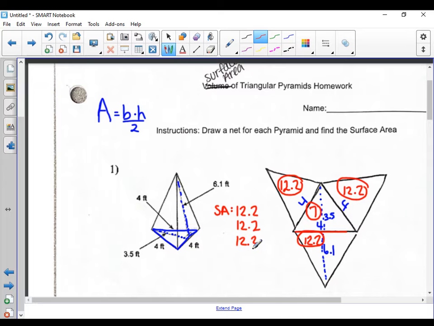And then the 7 also has to be added up because of the base triangle. So 12.2 added up 3 times is 36.6, and then I still have to add up 7. So I got 43.6, and it is feet squared because we're talking about surface area. So you'll use a squared for that.